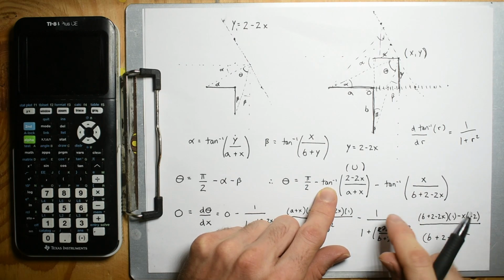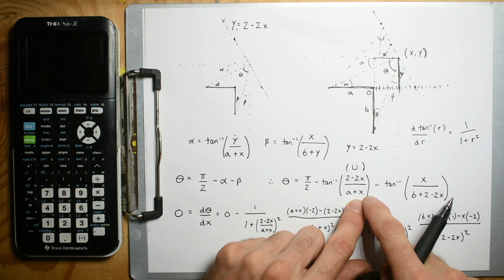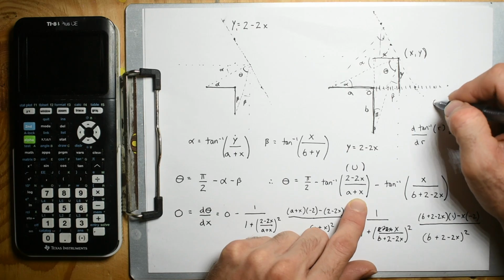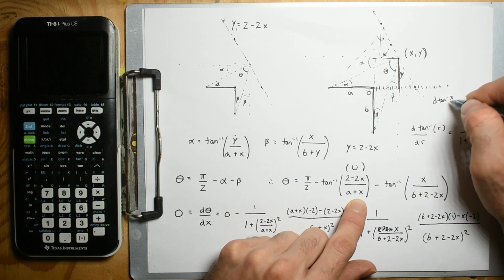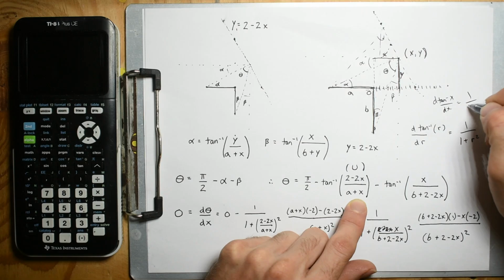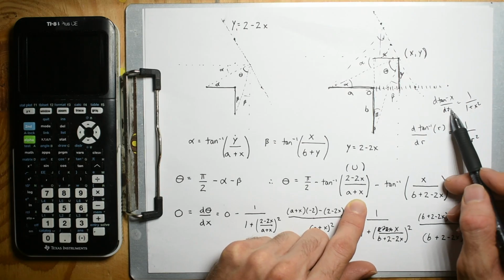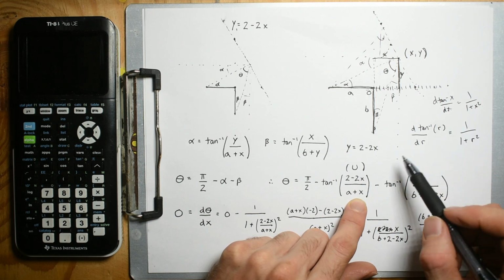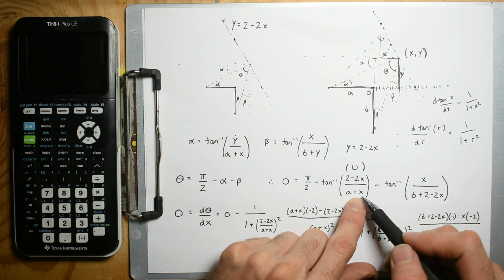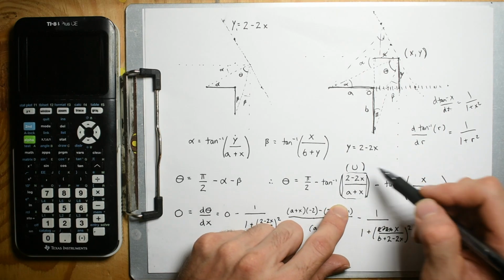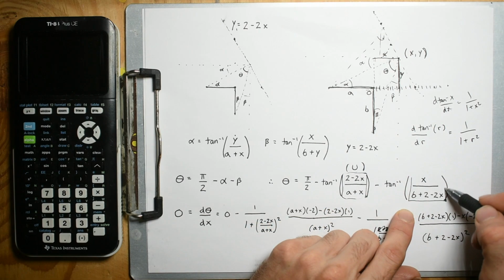Even here when I use the term x, if I said the derivative of tangent of x dx is 1 over 1 plus x squared, this x isn't this x at all. This x is this whole thing inside there. And then this one is another different x.